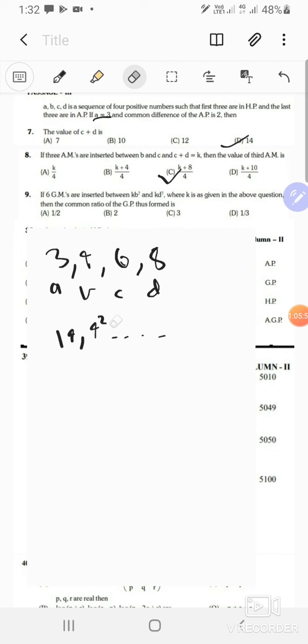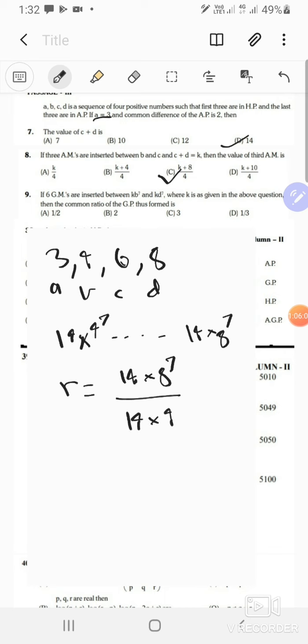Oh, p to the 7th power. So 4 to the 7th power, 14 into 4 to the 7th power, and then you got 14 into, well, d is 8, 8 to the 7th power, and then you got 6 GMs between this, which means that the common ratio has to be 14 into 8 to the 7th power upon 14 into 4 to the 7th power.